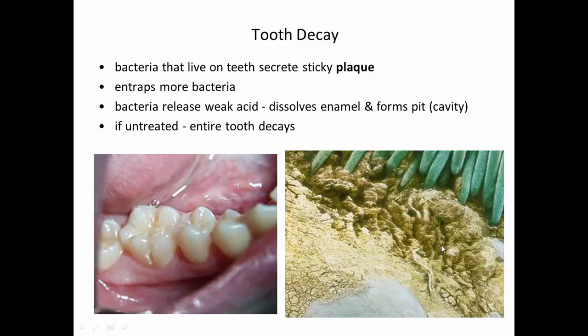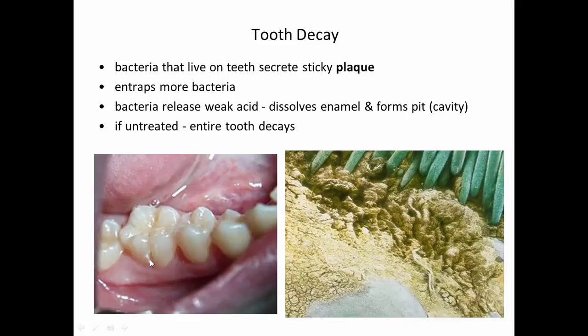And the acid is what can harm the enamel. And you can actually see the white of the tooth just underneath here. And so if the enamel dissolves, then it forms a little pit. And then we can see that on the left side over here. So there's a little pit in the enamel. And we call that a cavity or a caries.